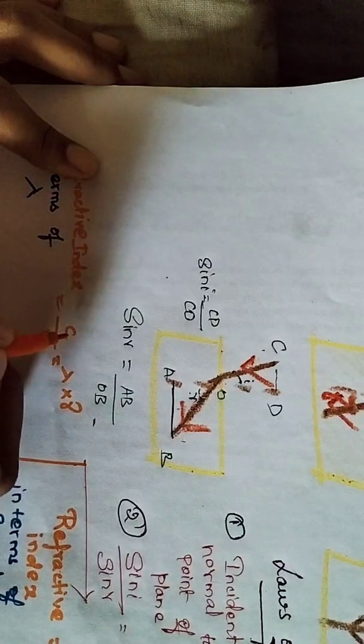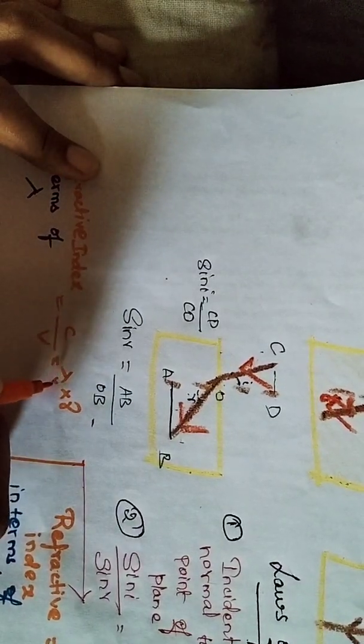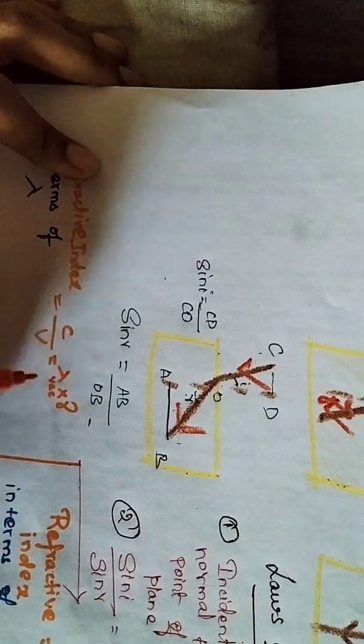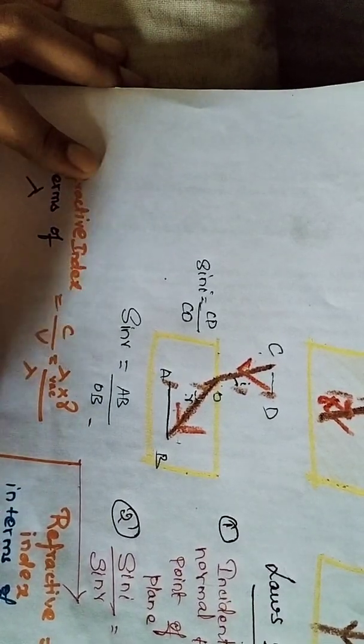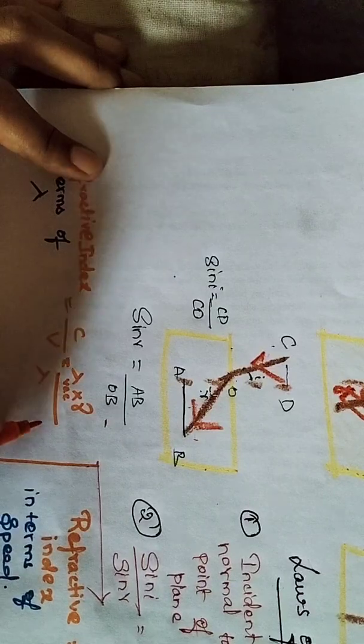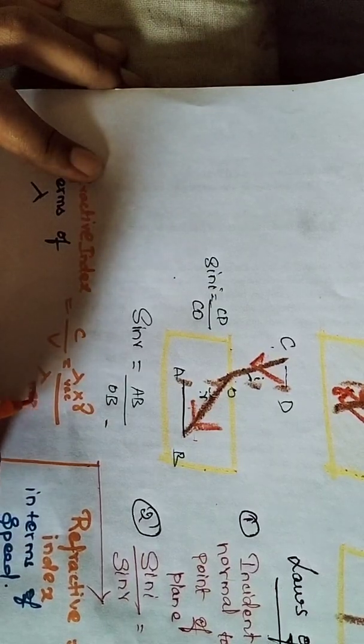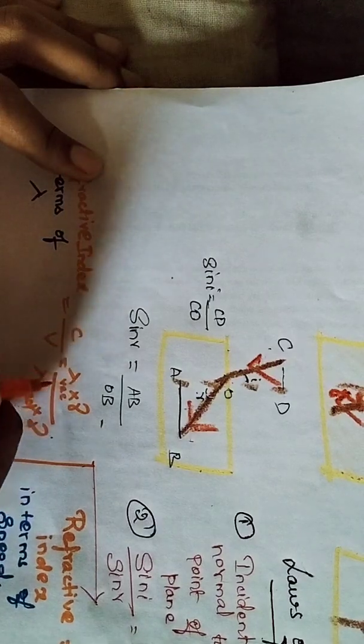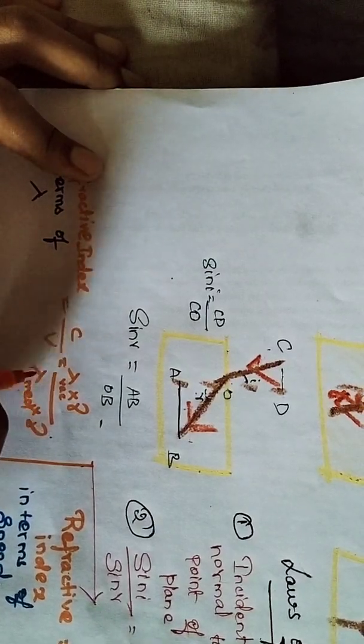So C can be written as lambda, that is wavelength, into nu, that is frequency, and V as wavelength in medium into frequency.